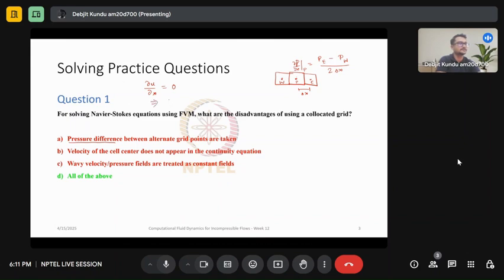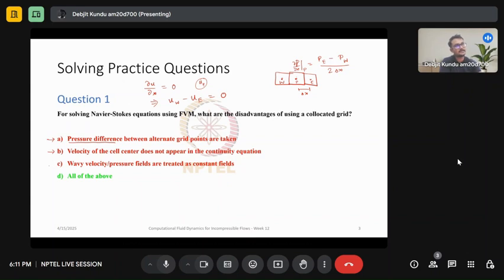So here also we will get uw minus ue being equal to 0, right? And this will of course be multiplied by something, but anyway, this is what we end up getting. So here also the velocity uP does not really appear in the equation. So statement B is also correct.